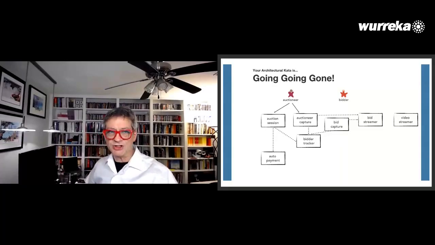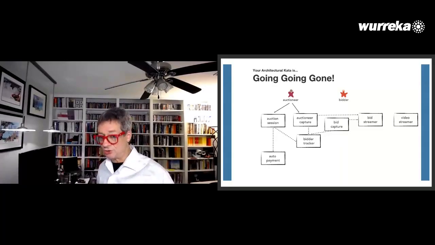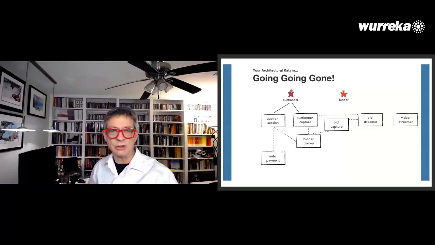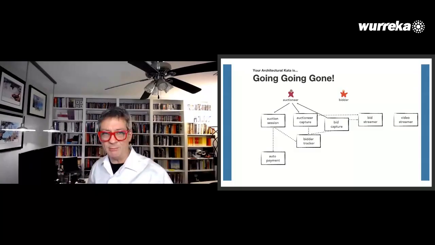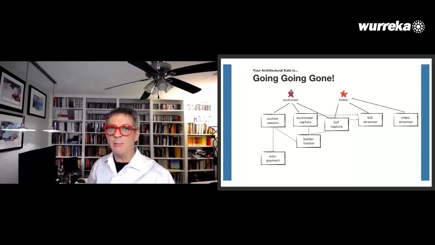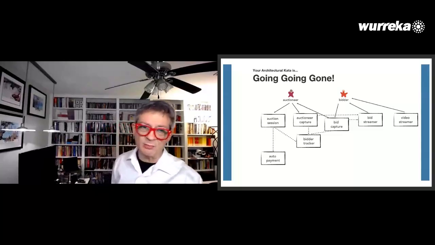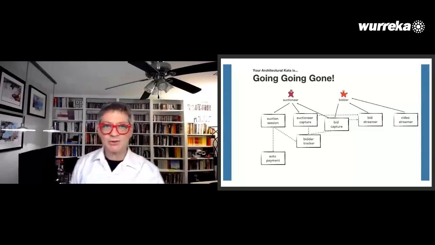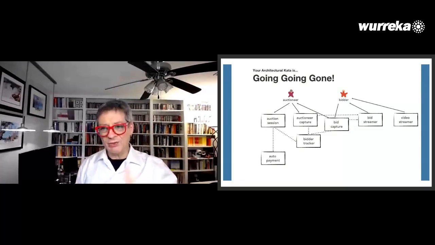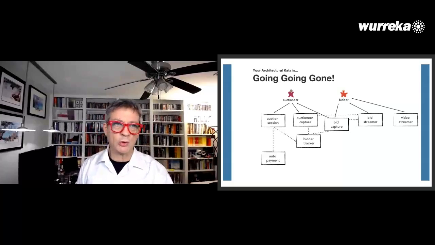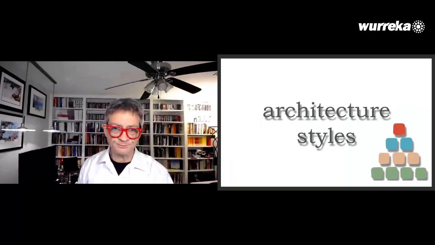Auctioneers interact with auction session and auctioneer capture, and of course that needs to go to bid streamer, so that it can get those bids back to my bidders. Bid capture goes to auctioneer, and that's of course what captures from the bidder. Bid streamer and video streamer goes back to the bidder as well. And so now I've started stitching together how I think these components are going to communicate with each other.